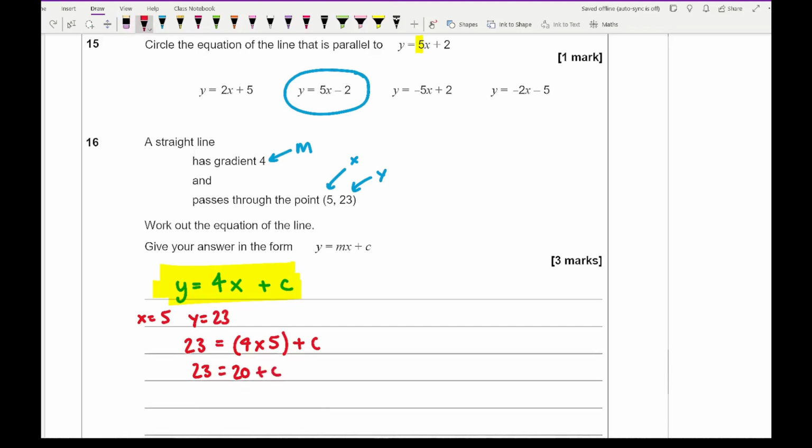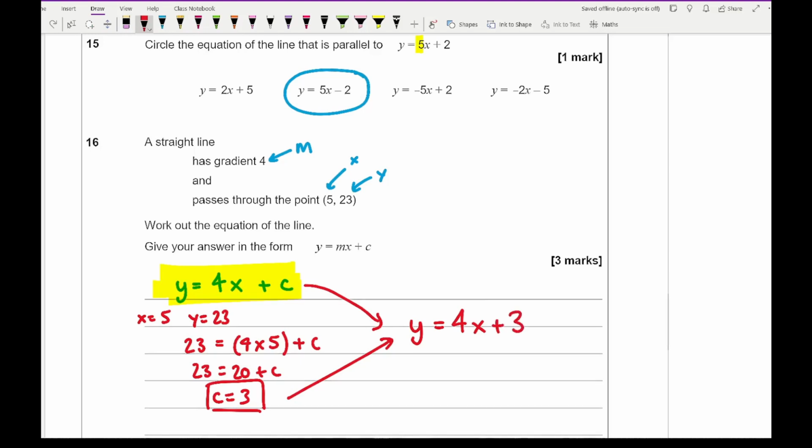And 20 plus what gives you 23, so c equals 3. So then joining these two things together, we get our equation of y equals 4x, and instead of writing c, we know that c equals 3. So it's going to be positive 3. And there is my answer.